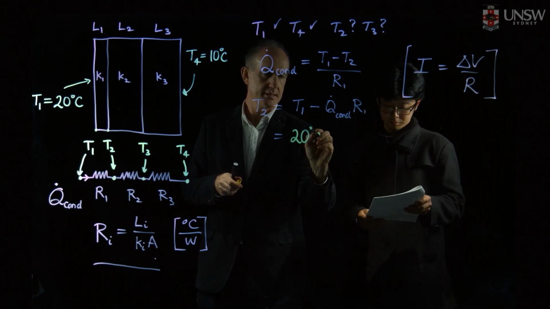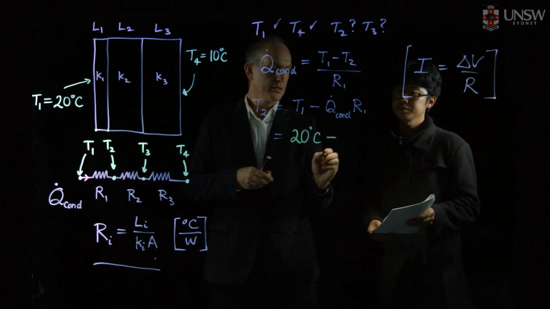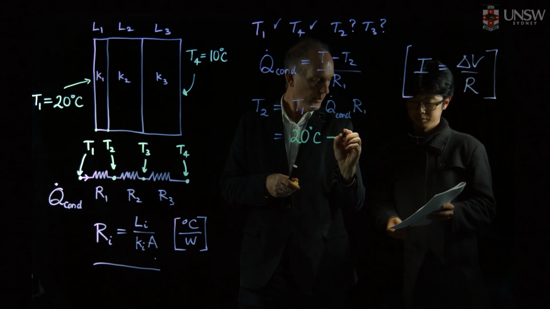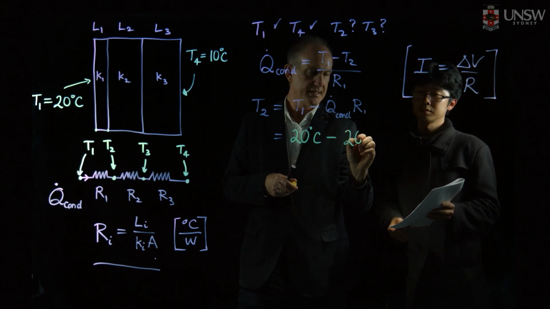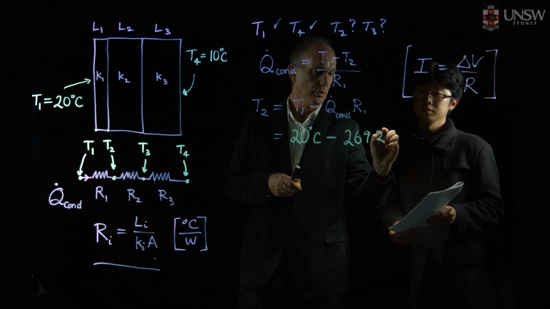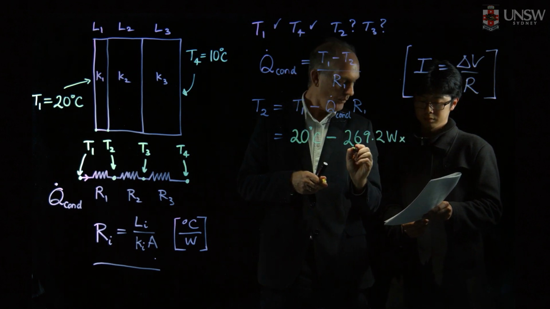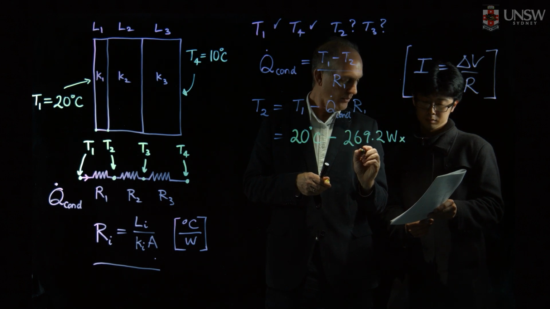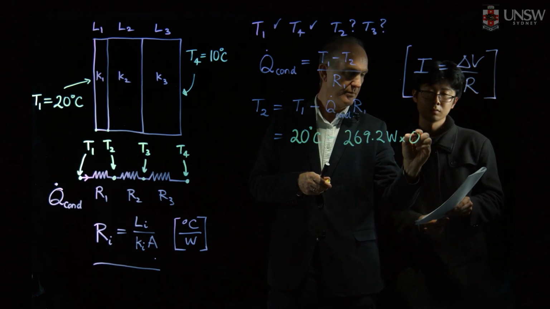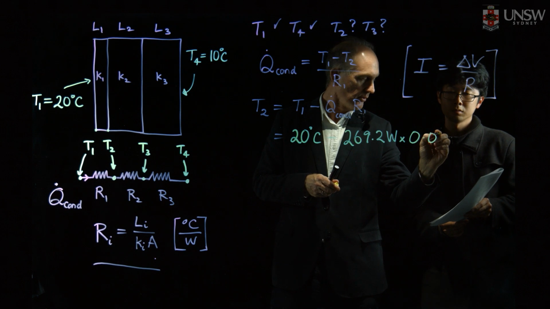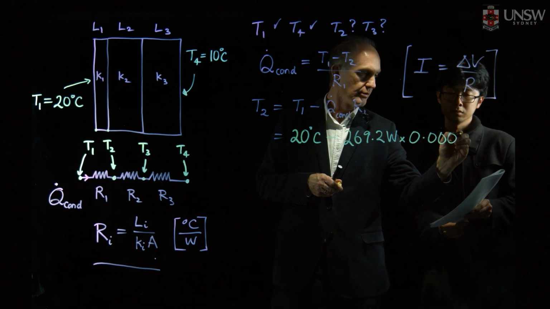20 degrees Celsius minus, now Q conductivity we had before is 269.2 watts multiplied by R1. Now what's our value for R1? Well, it might be a bit rounded, 0.0003.